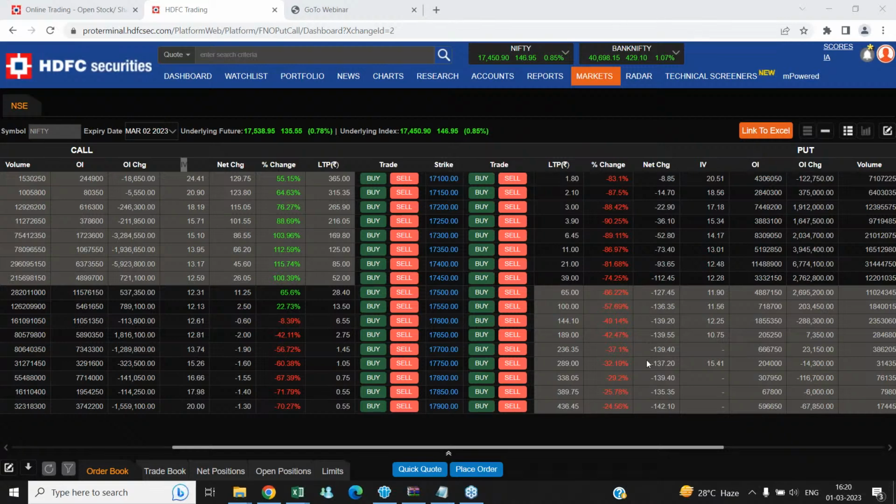You can also do a protective put strategy, in which apart from going long on an instrument like Reliance, you also simultaneously buy the same strike price put option, so that if it goes down, your downside is protected. For that protection, you have to spend the premium of the put option available in the market.